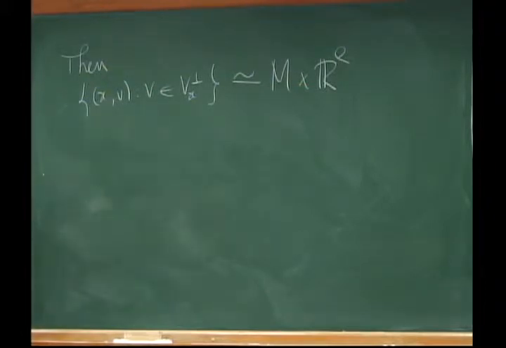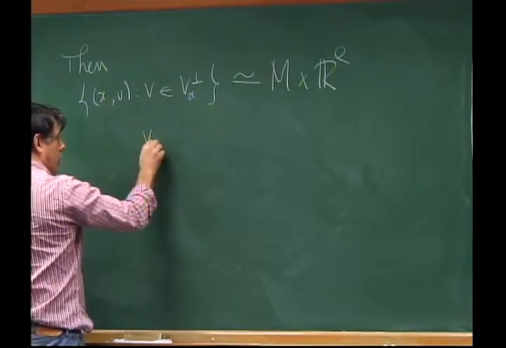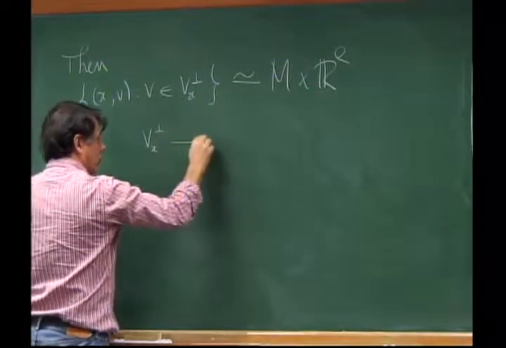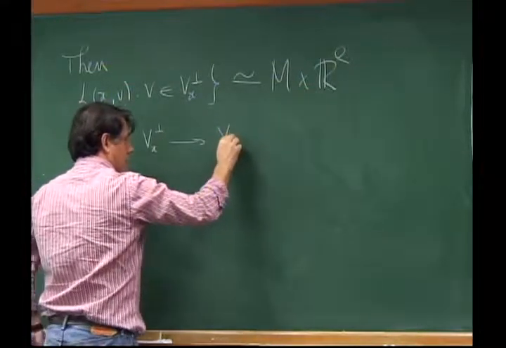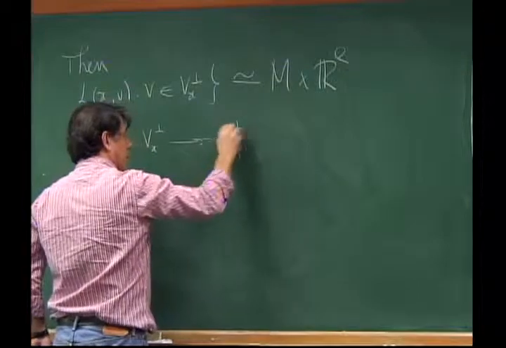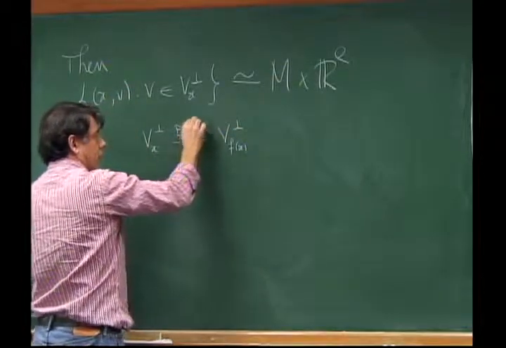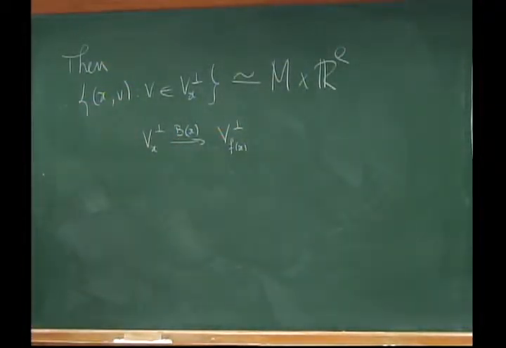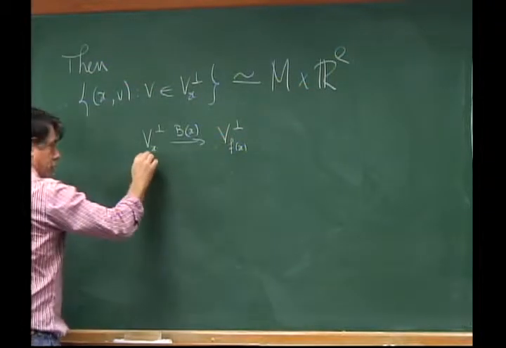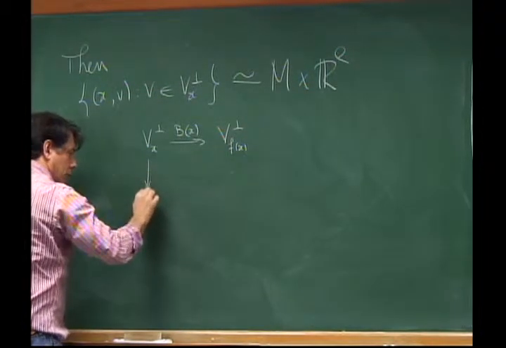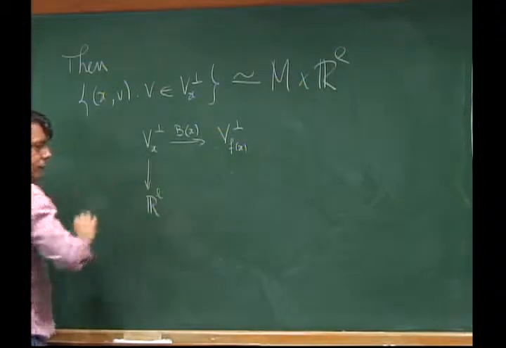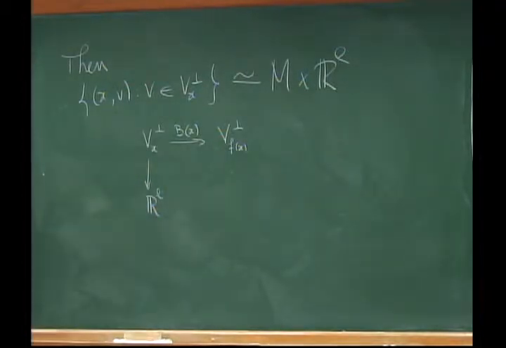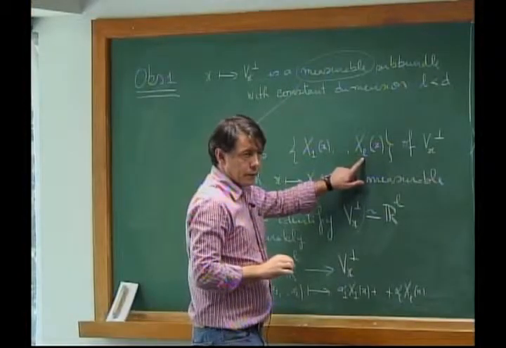So you have Vx orthogonal going to Vf of x orthogonal, and this is Bx, right? You have here an identification to RL through the basis x1, ..., xl.